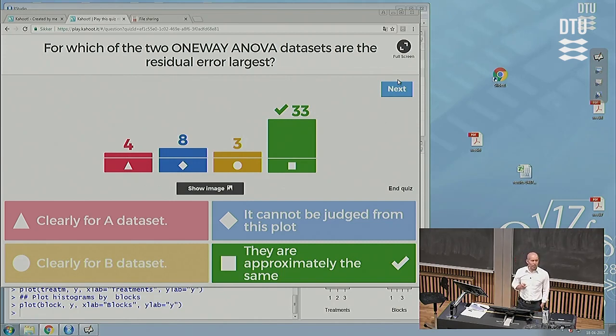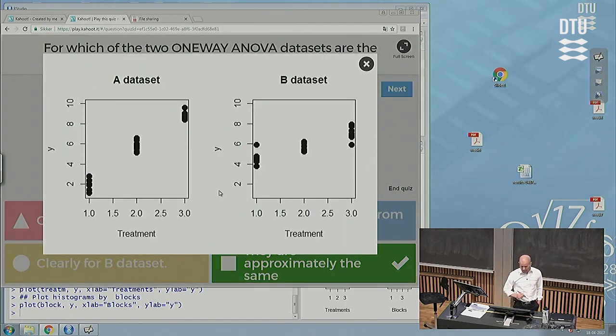Most of you are okay. Some of you are still struggling a little bit here. This was a repeat question, right? I was referring back to last week, one way and over. The residual variability, that's the within group variability. And roughly, the average spread of the dots here in the two data sets is more or less the same, right?